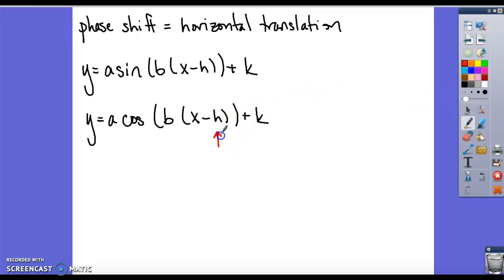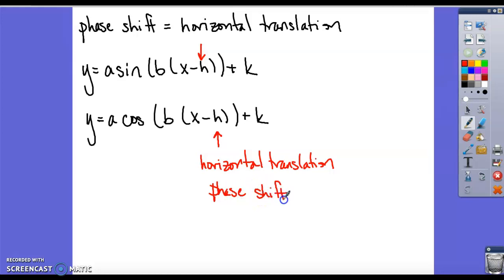So h is our horizontal translation, but since we're working with sine and cosine functions, we're going to call it a phase shift. Okay, k is our vertical translation, and we don't have any new terminology for that, so we're just going to call it a vertical translation.